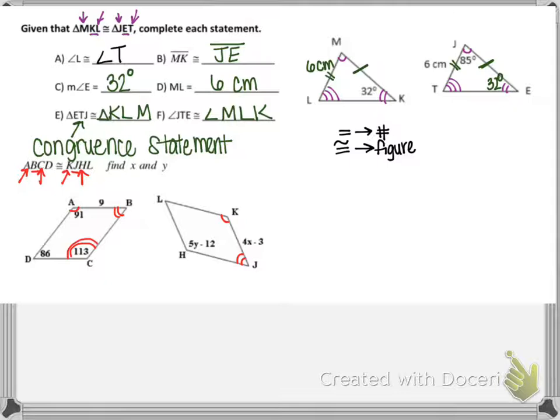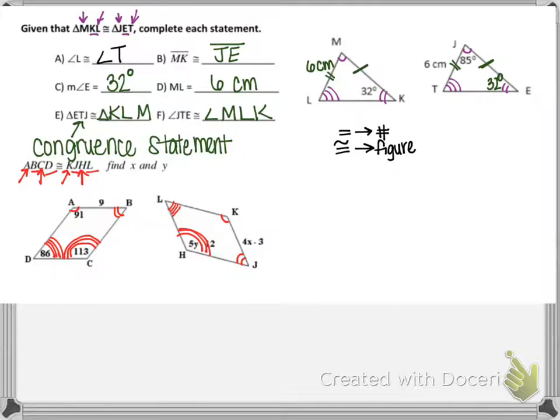So that's C and H. So then we've got D and L. Those are going to be congruent. Angle D is congruent to angle L.